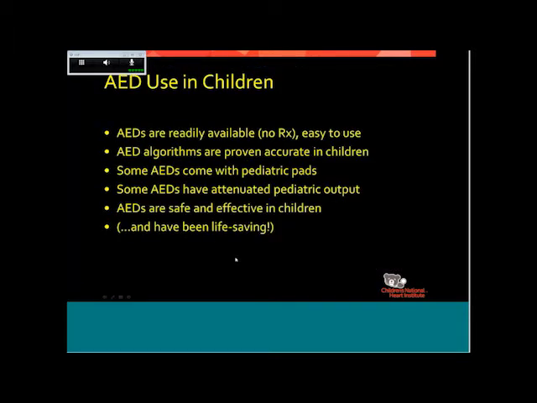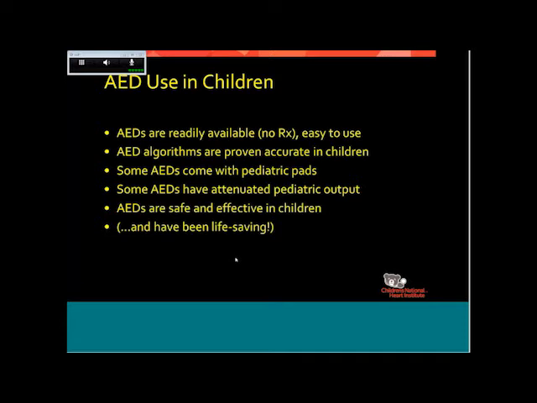They're readily available. Algorithms have now been demonstrated to be accurate in children. Some AEDs come with pediatric pads that are about half the size, and when those pediatric pads are plugged in, the AED software recognizes the smaller pads and delivers an attenuated output. So, 50 joules instead of 150 joules for the smaller patients.